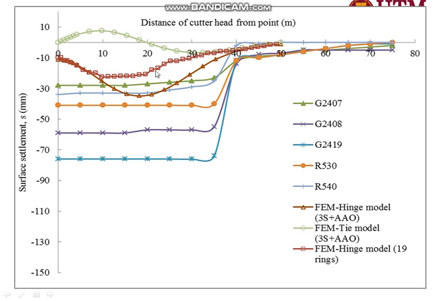We can see that the 19 rings result with hinge segment joint much more closely resembles the field data, and the tie is showing different or not very good results.